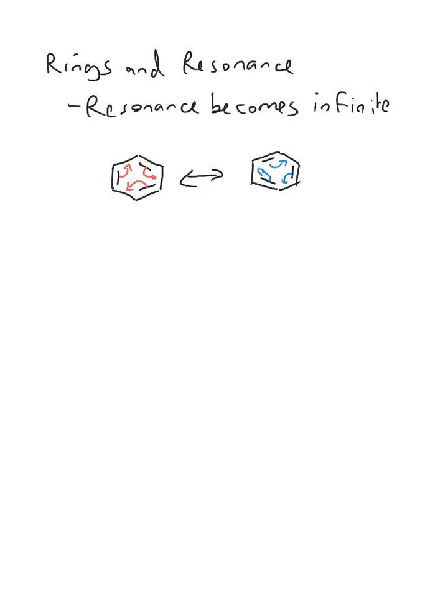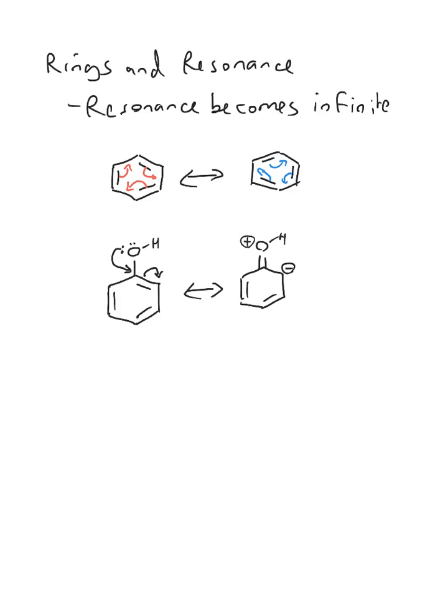Of course, further on, if we start looking at the other stuff we can do, if you have a ring with double bonds, so there are pi bonds, and we happen to have, say, an oxygen with a lone pair on it, well, two lone pairs. This lone pair can donate into the ring and cause a resonance structure. Like something like this.